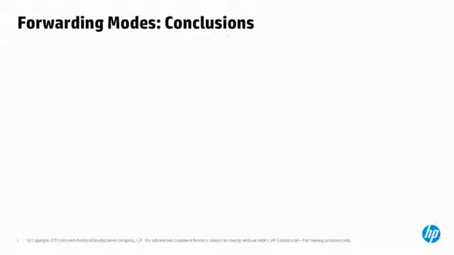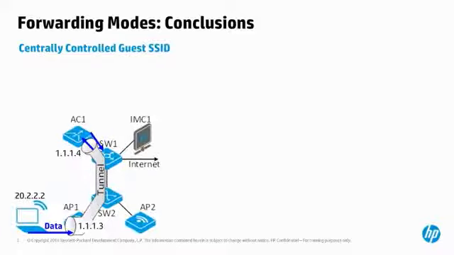Let's compare central and distributed forwarding. You may have configured all of your APs to support both the guest SSID and the corp SSID. A guest user connects to the guest SSID, which has been configured for centrally controlled forwarding. The client gets an IP address on the guest VLAN, 20.2.2.2. As described, all client frames are tunneled between AP and AC.